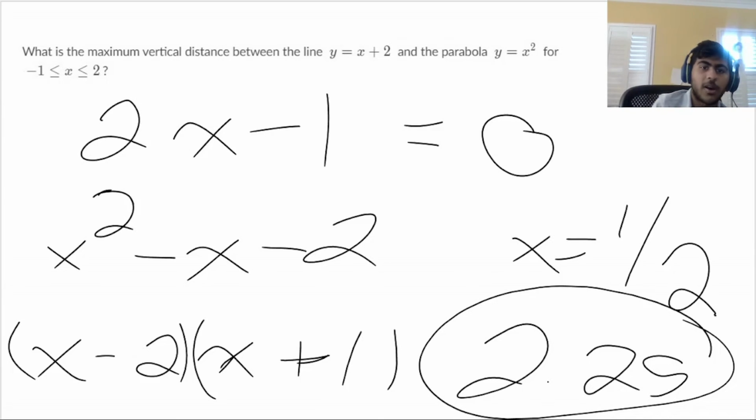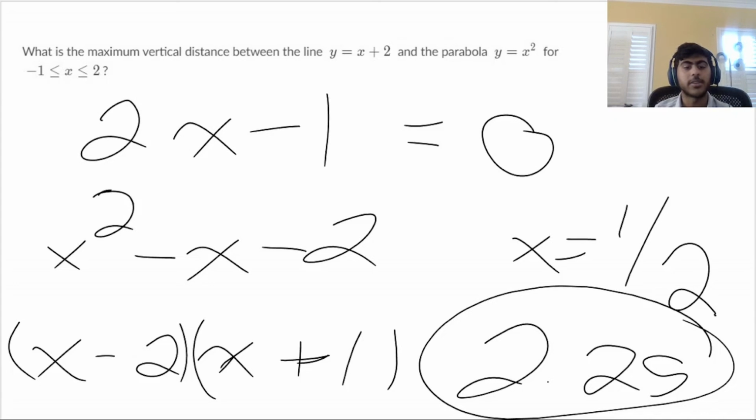Now, before we move on, I just want to point out one really interesting thing that you can see here, which is that 1/2 is right in between the endpoints. And the endpoints are the roots of this quadratic function, meaning that x equals 1/2 is the vertex of this parabola. The vertex of this parabola is going to be the maximum vertical distance.